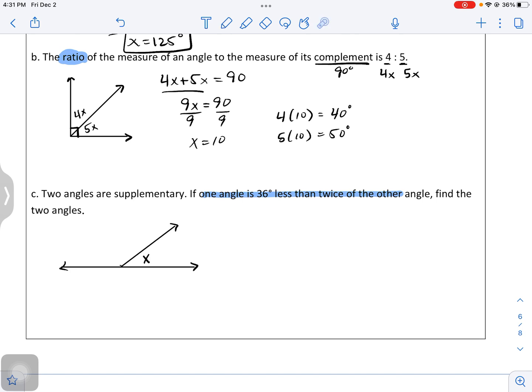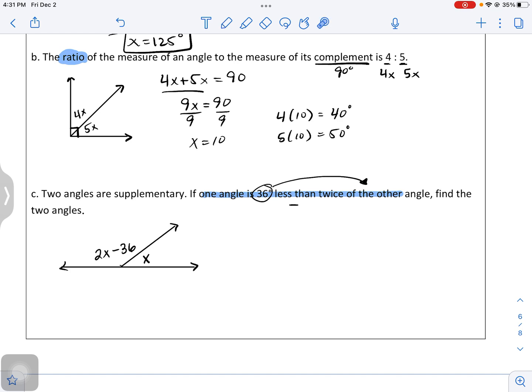What I do know is that the other angle is 36 less than twice the other angle. The word less than is subtraction. And remember, when we use the words less than, the 36 goes after the variable because we're taking away the 36. Then it says twice the other angle. Twice means 2 times, but then it's less 36.